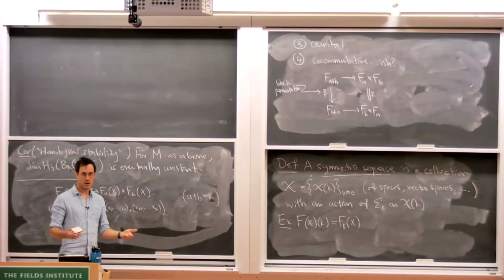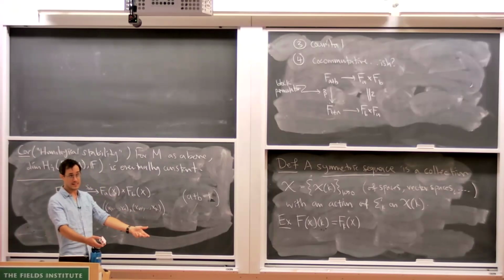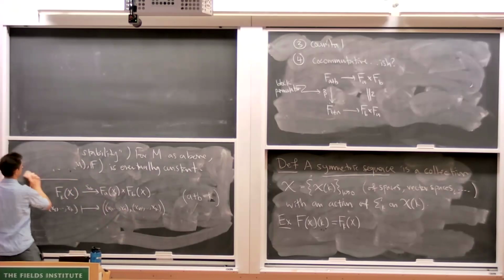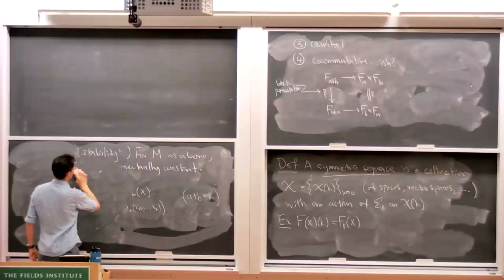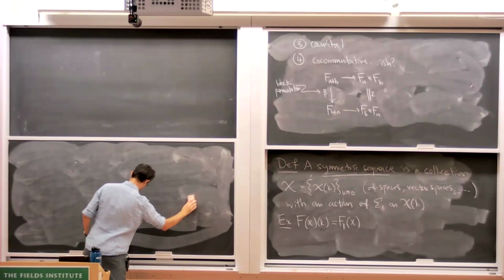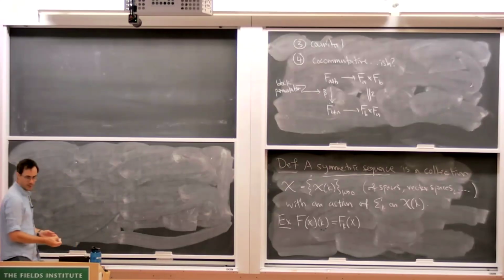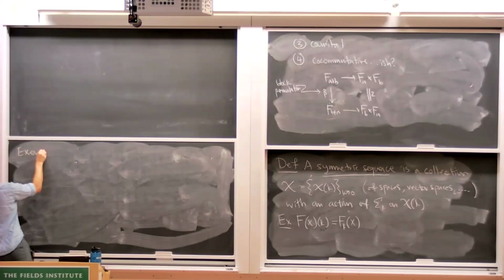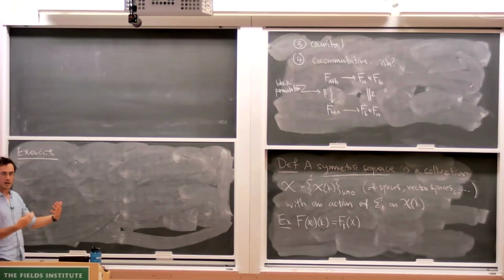So the question is, obvious question, which one is it? For that, let me give you a couple of exercises that, if you haven't seen this step before, will be useful in grokking the definitions.